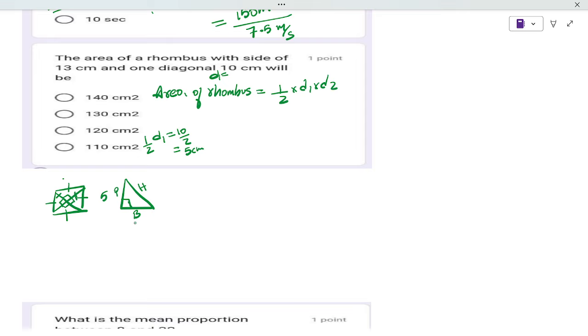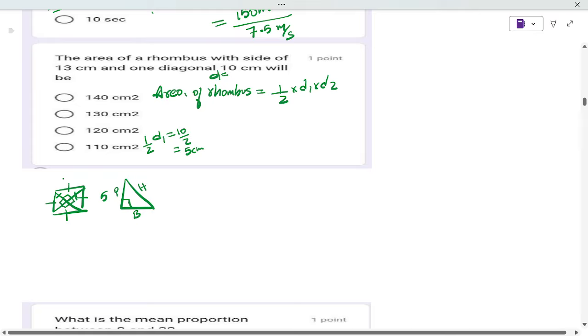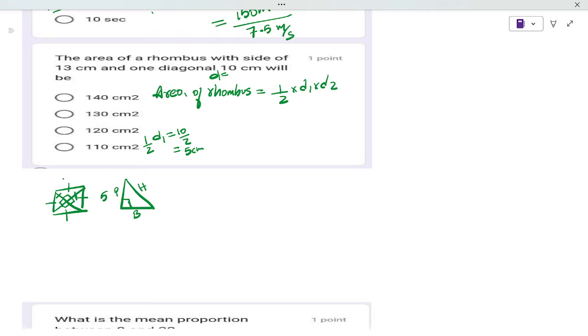So let's say the base is 5 centimeters. In a right angle triangle we can apply the Pythagoras theorem: hypotenuse square is equal to perpendicular square plus base square. The hypotenuse is the side of the rhombus, which is 13 each.